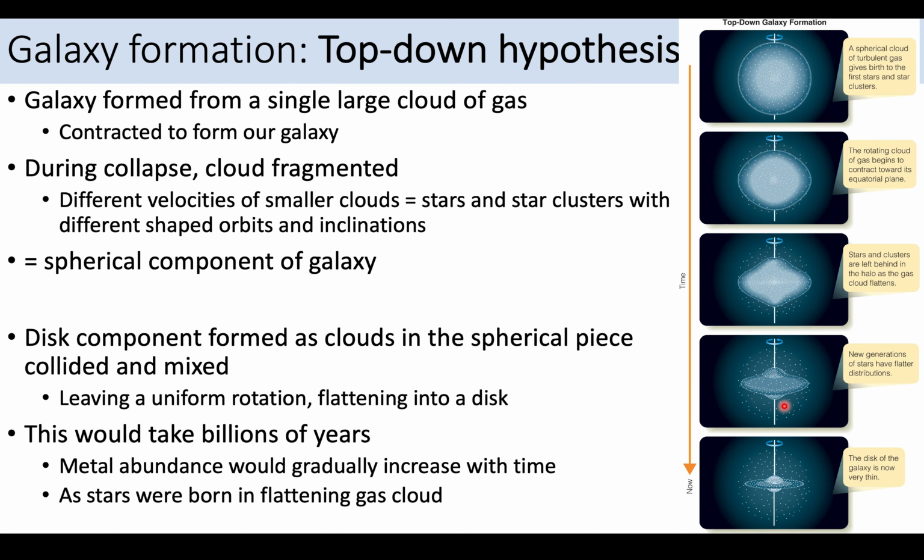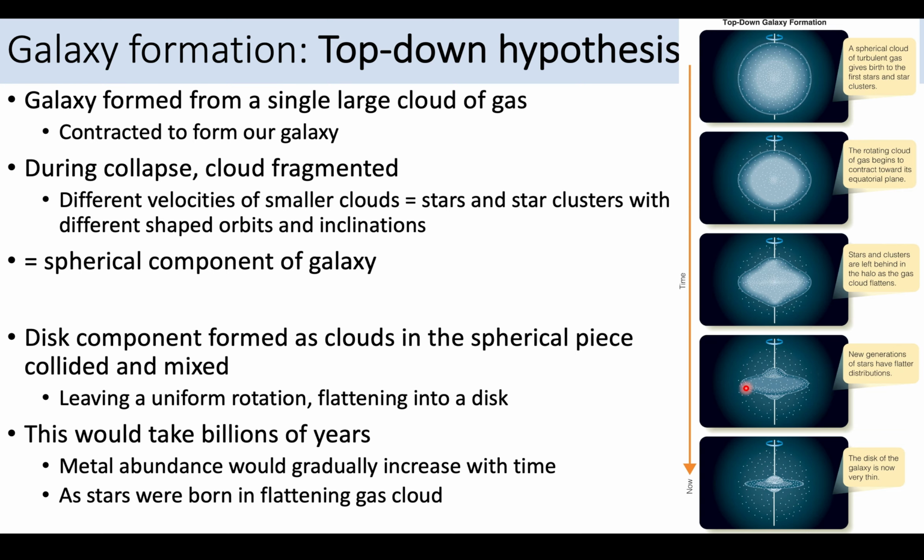So that is what they think might have happened to our galaxy, is that the disk portion was formed as this giant cloud of gas contracted, formed into this flat disc, spinning disc, I should say, spinning in a rather uniform way.